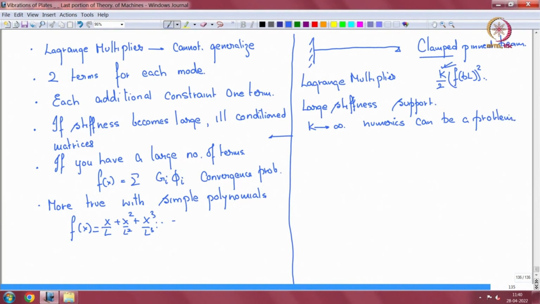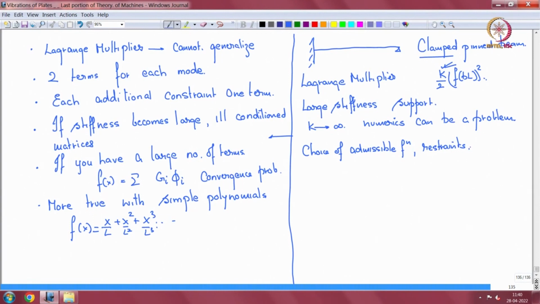So what is a strategy in terms of choice of admissible functions and how to implement constraints?